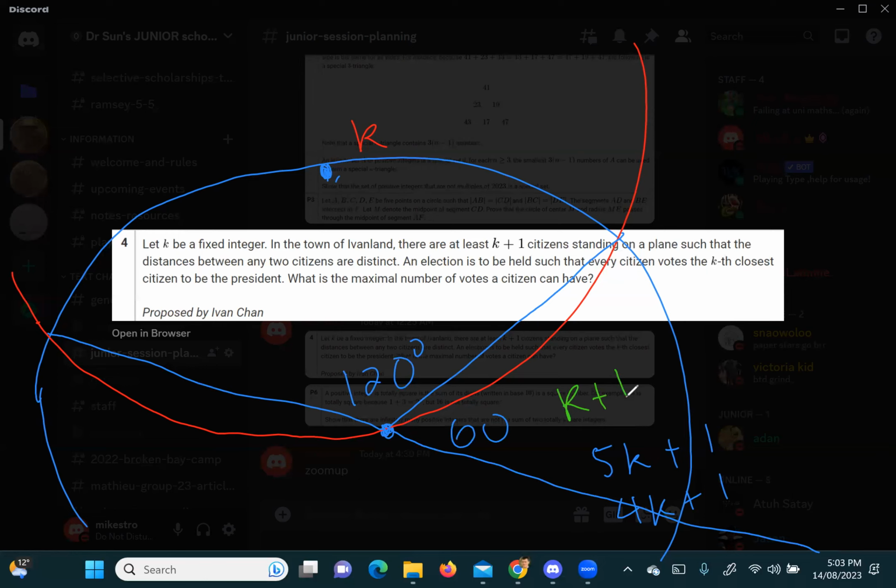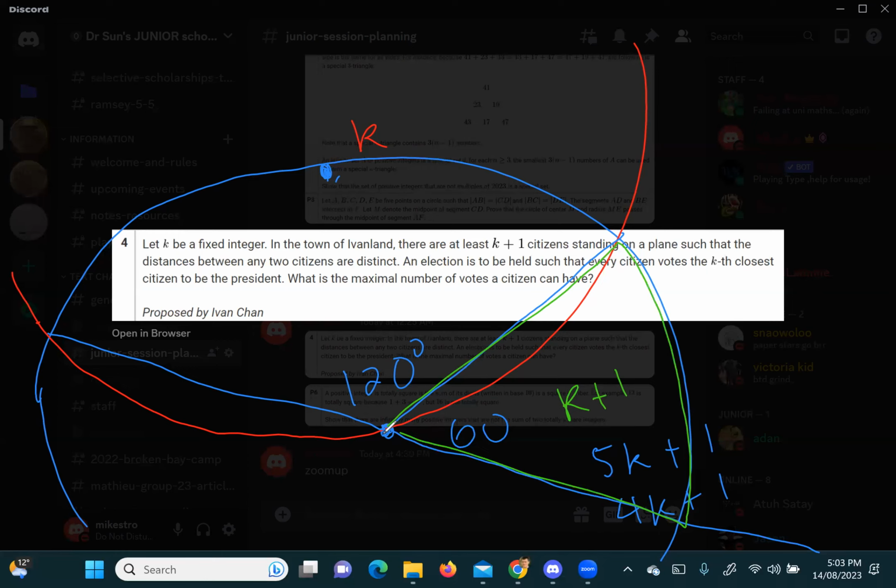So there has to be K plus one voters in that sector, or one of these sectors, right? Okay. What's the purpose of the blue circle again? The blue circle is what gives you the angles, I guess. Furthest K higher.